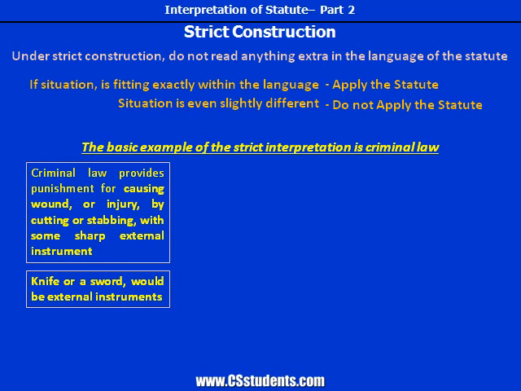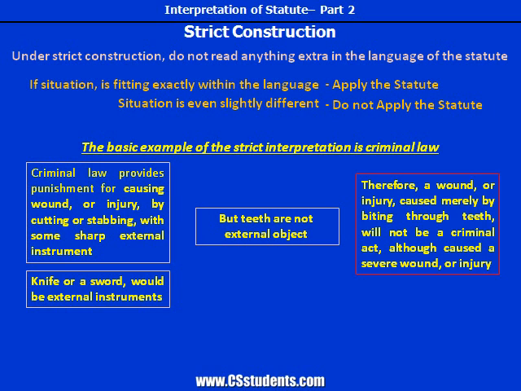A sharp metal object could also be an external instrument. But someone's teeth are not an external object. Therefore, a wound or injury caused merely by biting through teeth will not be a criminal act, although such biting might have caused a severe wound or injury.